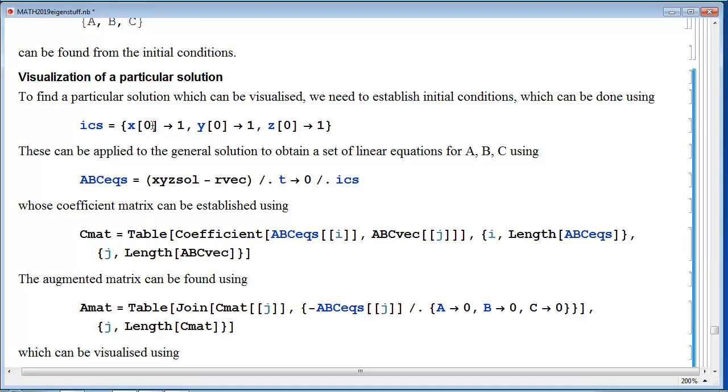So we take some initial conditions that x, y, and z at t equals 0 are all 1. So we establish a set of linear equations by subtracting the initial or the general solution.